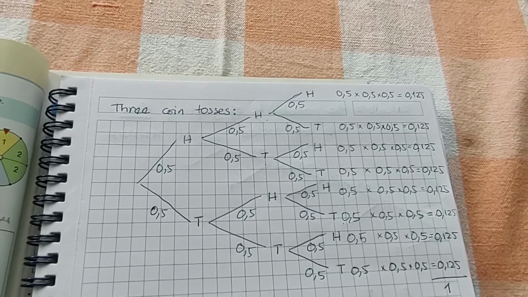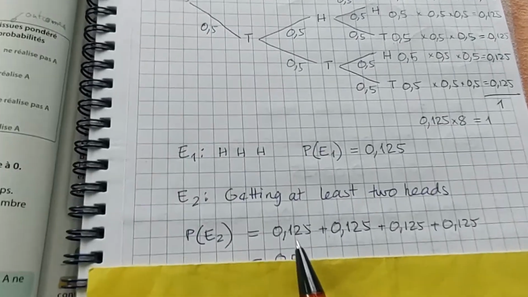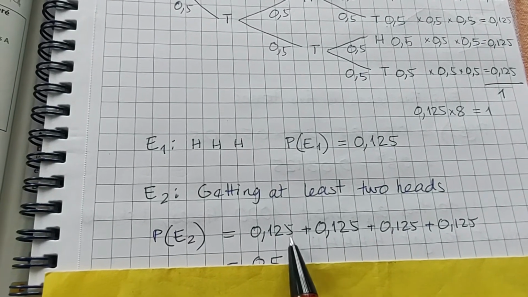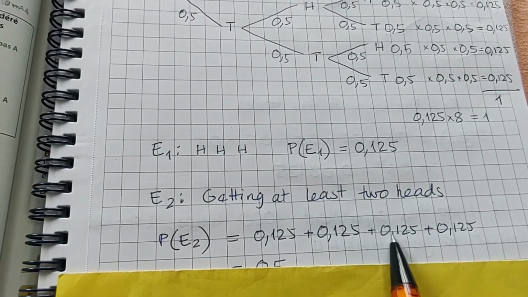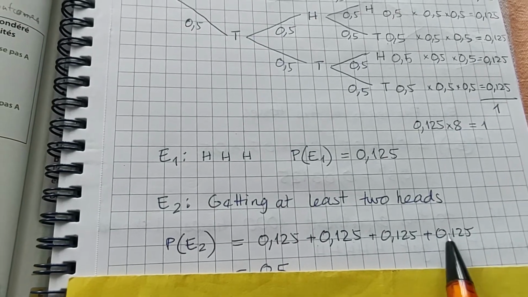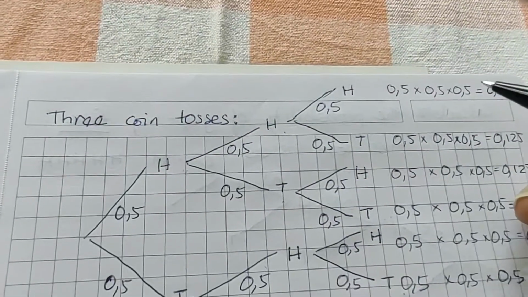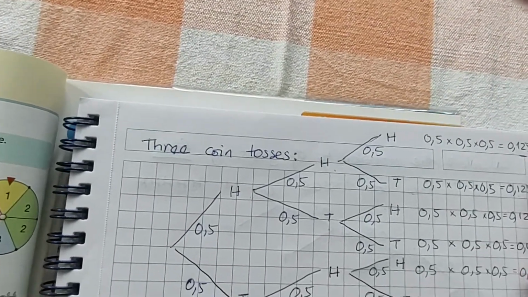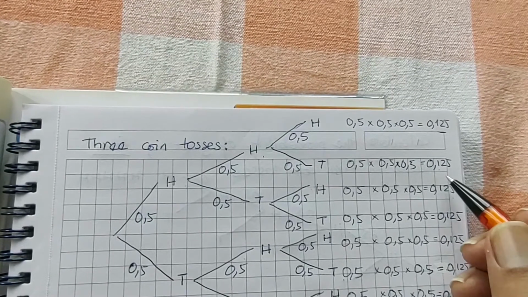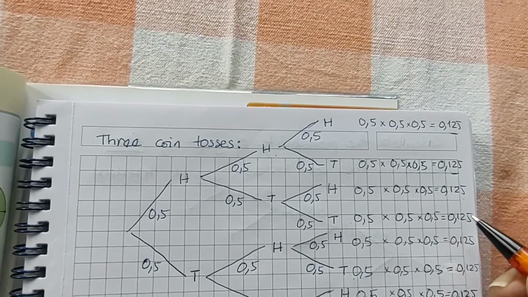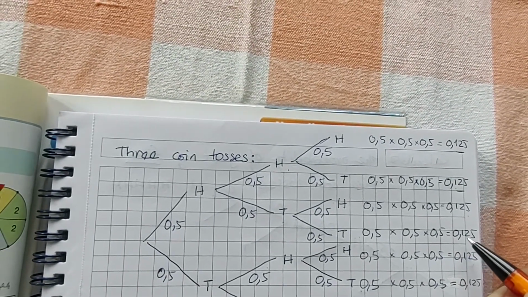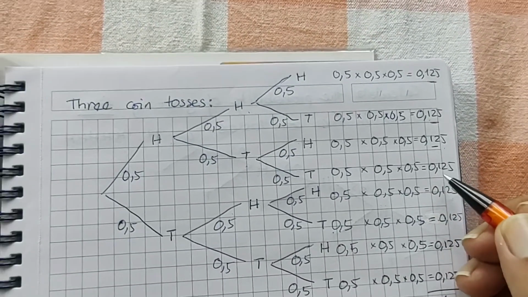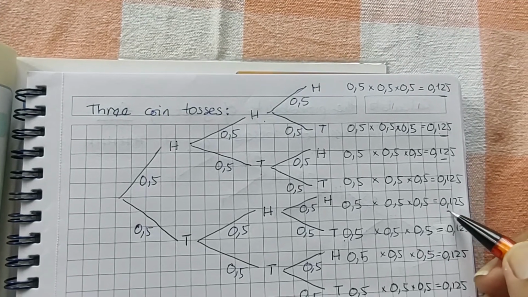So you will get only 4 outcomes where you get at least 2 heads. That means 0.125, 0.125, 0.125, 0.125. If I go back up here and underline them, this one you get 2 heads, this one you get 2 heads, this one you get 2 heads, this one you don't, and this one you get 2 heads.